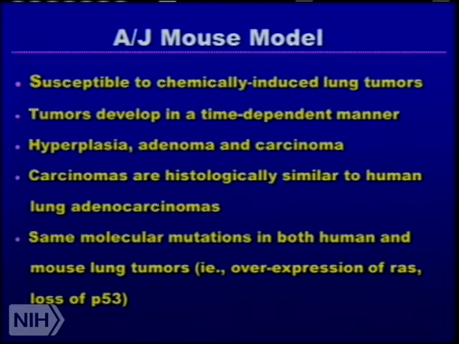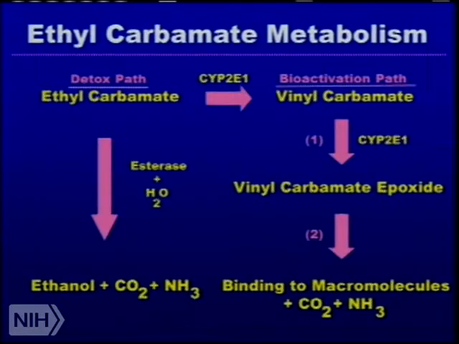The carcinomas that appear are histologically similar to human lung adenocarcinomas, and very importantly, the same molecular mutations occur in both human and mouse lung tumors, such as overexpression of KRAS and loss of p53 expression.